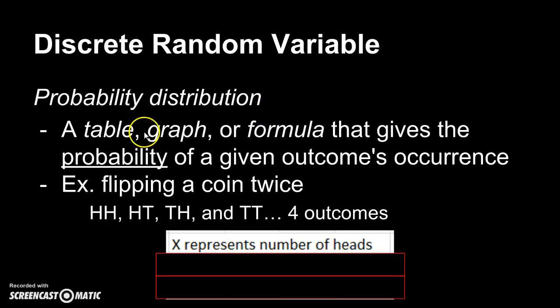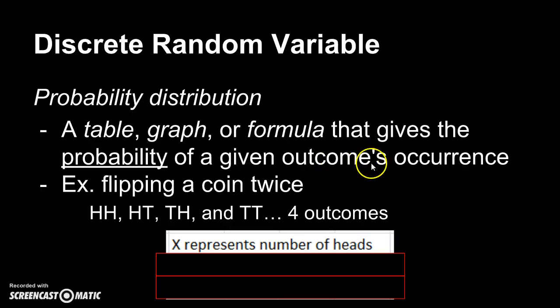So a probability distribution can be a table, a graph, or a formula, and regardless of which form we have, it gives us the probability of an outcome.